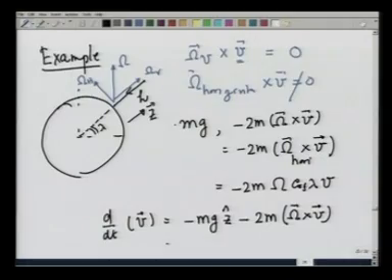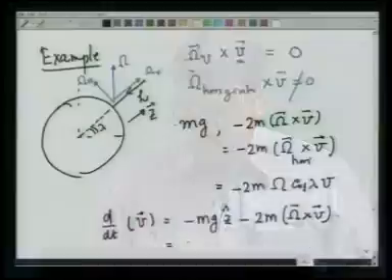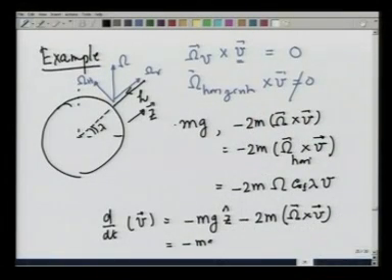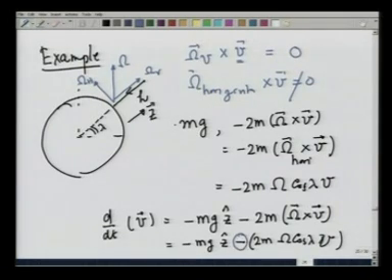And up to the first order we have already seen, if the particle is coming down, this is going to be minus mg z minus 2 m omega cosine lambda v. This sign I am right now not writing clearly, because I will talk in terms of west, north, east, north, south, west, east.